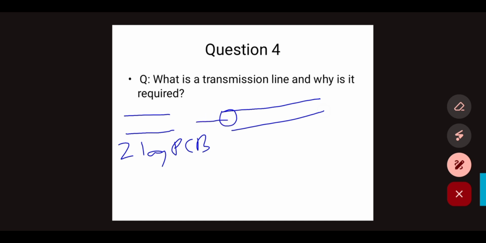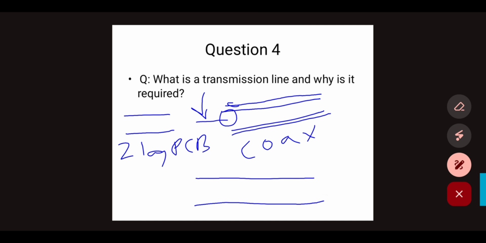In coaxial cable, this is the inner conductor here, and this is filled with some dielectric material like Teflon, and then we have a metallic sleeve here. So this is again, for example, coaxial cable, and then we have waveguide.